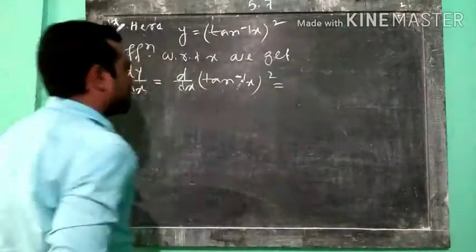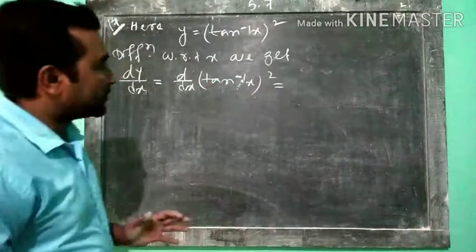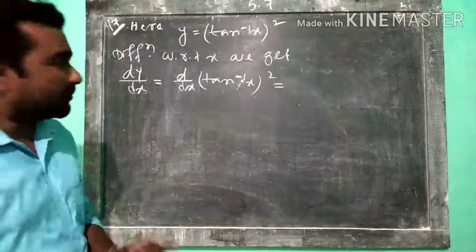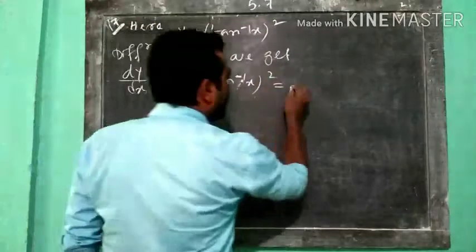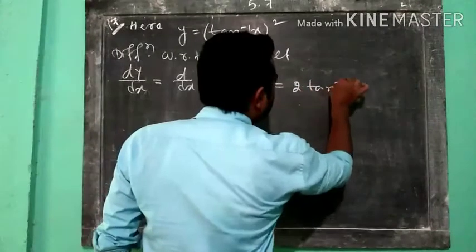First we know the formula, d/dx of x to the power n is n into x to the power n minus 1. Then we get here 2 into tan inverse of x.